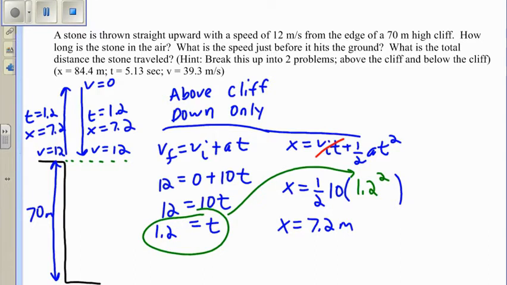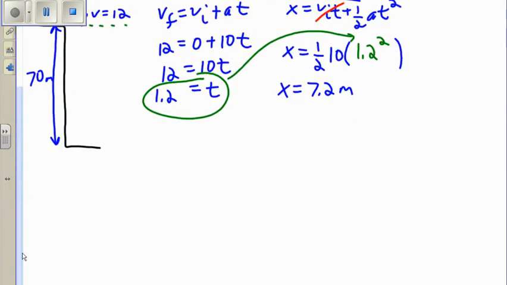So now I can actually find something. One of the parts is asking me to find, where is it? What is the total distance the stone travels? Okay, well, the stone goes up, that's 7.2. Then it comes down, that's another 7.2. And then it goes all the way down, which is 70. So the total distance, I'm just going to add those three things up.